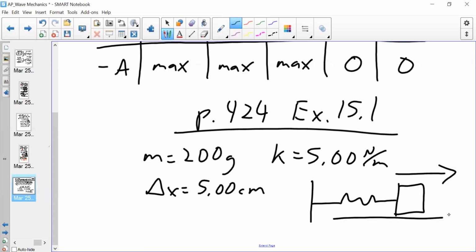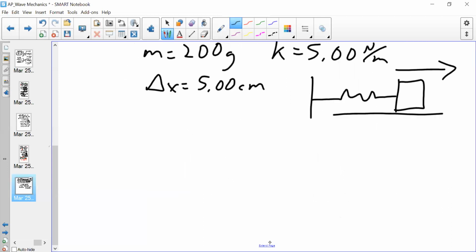It's horizontal. Kind of hard to do that in class because it just goes all the way back to the wall.